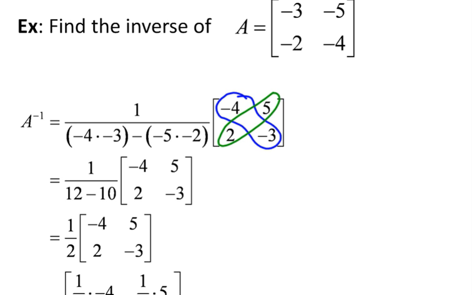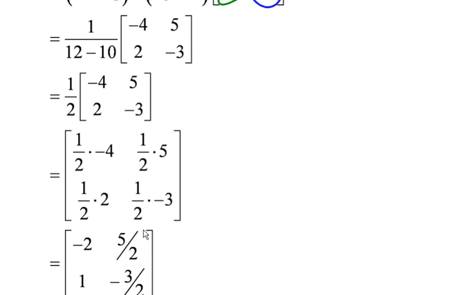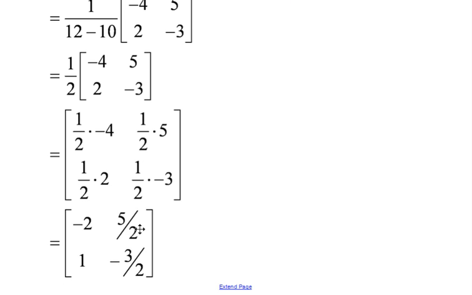So now 1 over the determinant is 1/2 times the inverse. So 1/2 times this new matrix that we created.